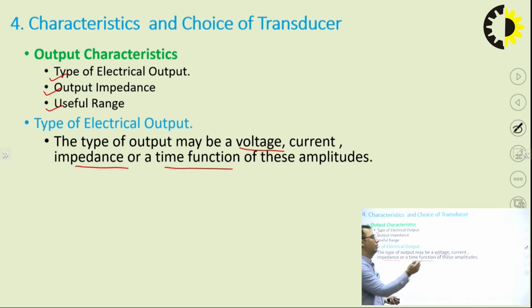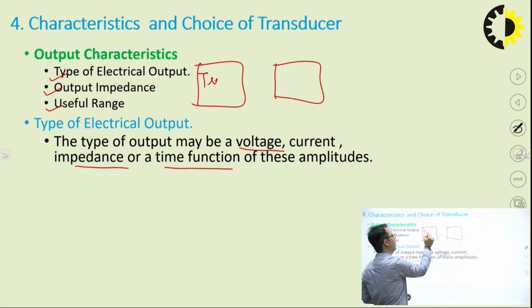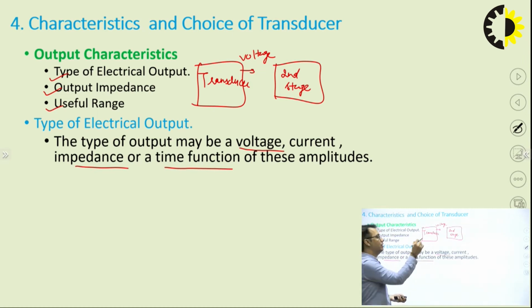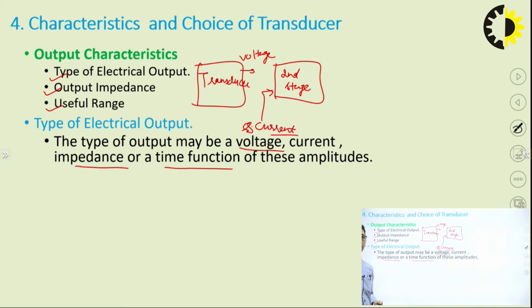Like, if this is our transducer and it gives output in the form of voltage, but our next stage requires only current, then we cannot use this transducer which is giving output in the form of voltage.